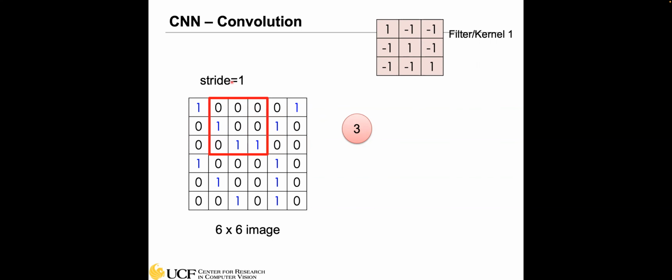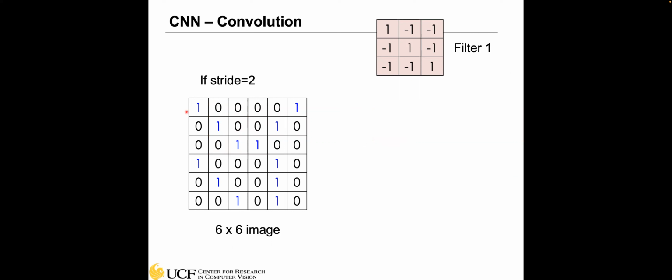If we take the stride equal to 1, we shift 1 column. If we move downwards, which means we shift 1 row, and we move the kernel to another position, we are able to get another value. If we do this dot product here, we get another value. You can repeat the process.